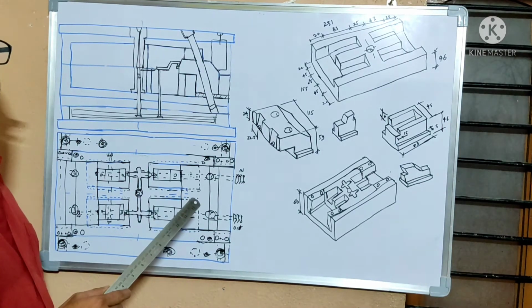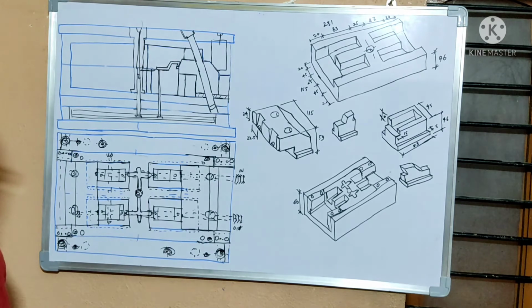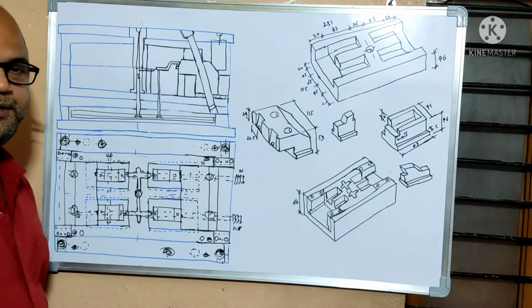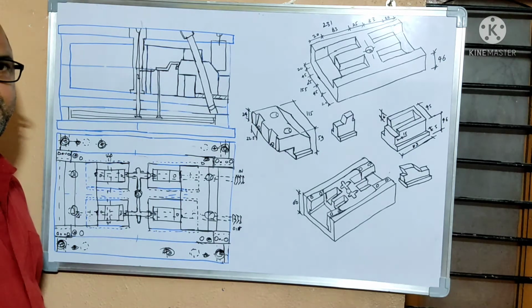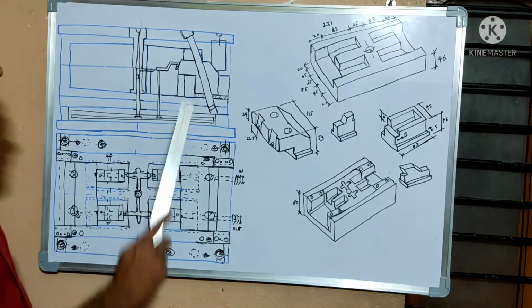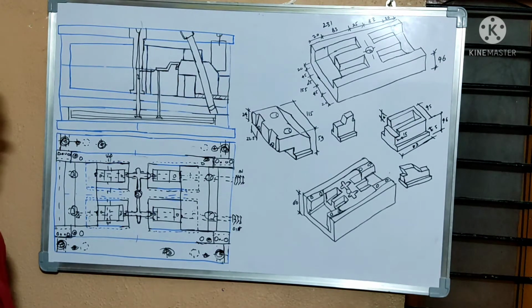Now you are observing the tool for the given component. The component requires the side core, and it is actuated by the finger cam. Already you are seeing the design. Now I have drawn the design for the component.